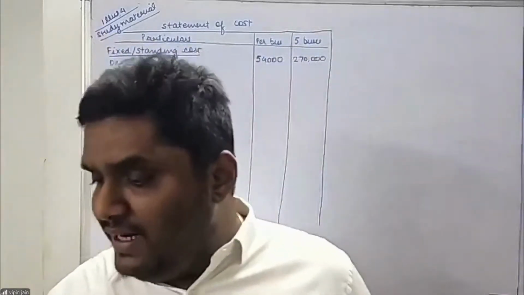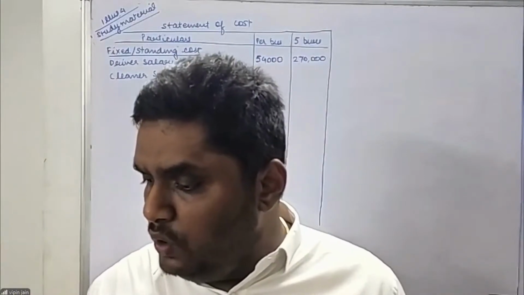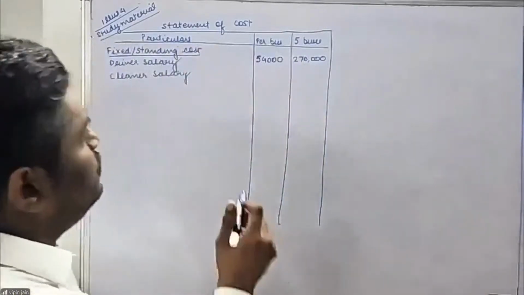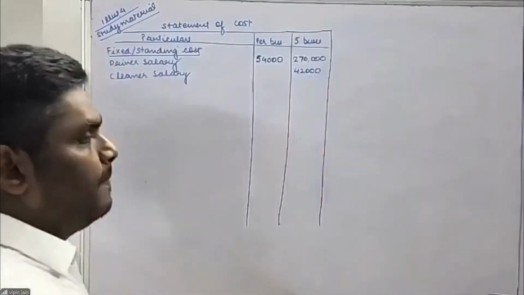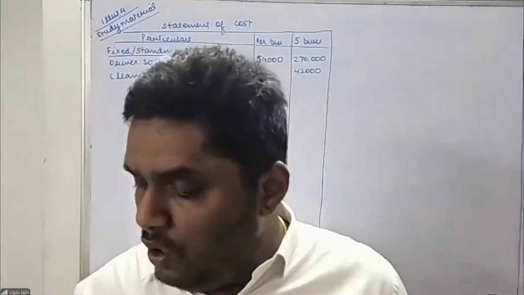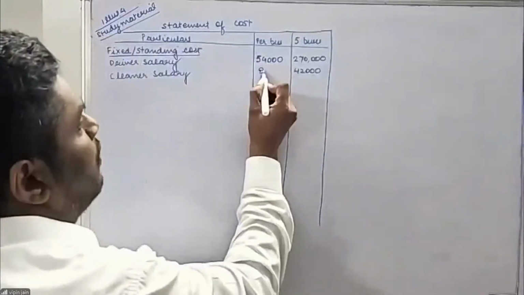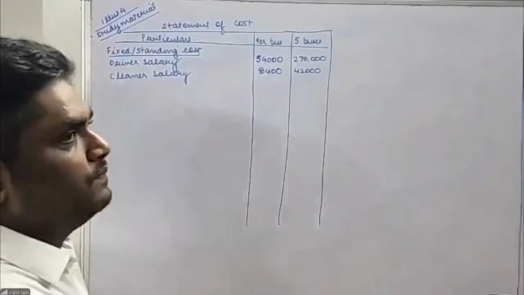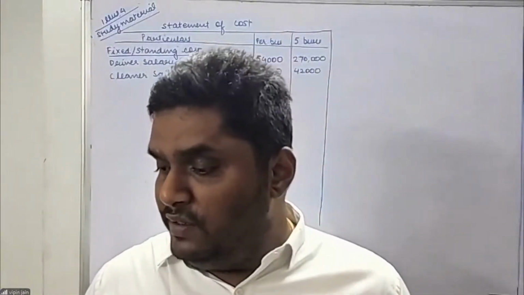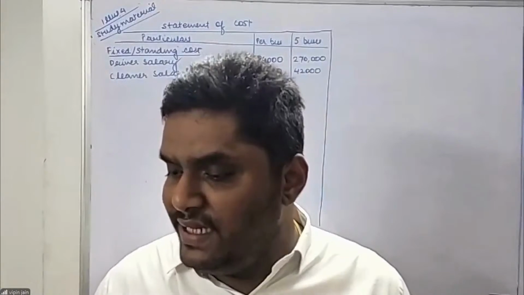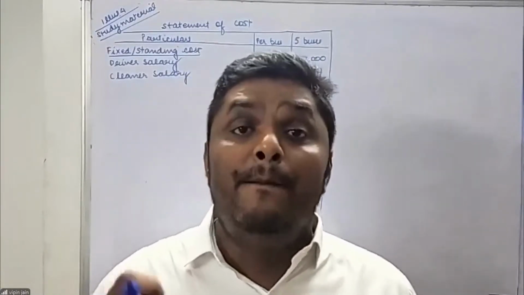Next is cleaner salary. Since the salary is payable for all the 12 months, 3,500 into 12 will be 42,000 for all the 5 buses. So when talking about the cost per bus, it is 8,400. Further, license fees and taxes, etc., are 8,600 per bus per annum.